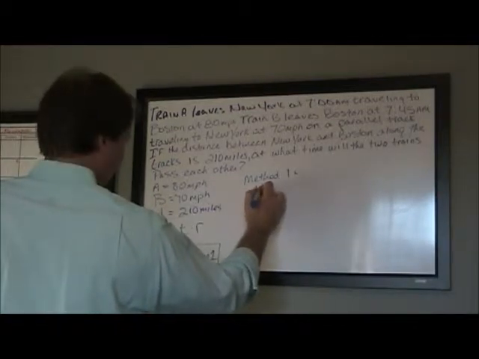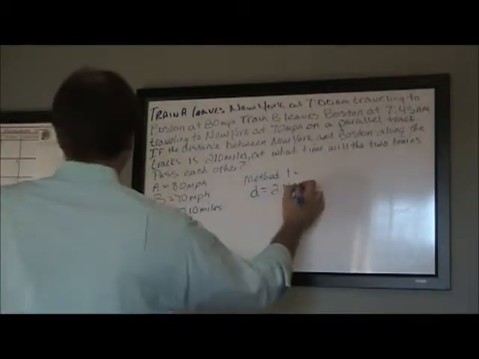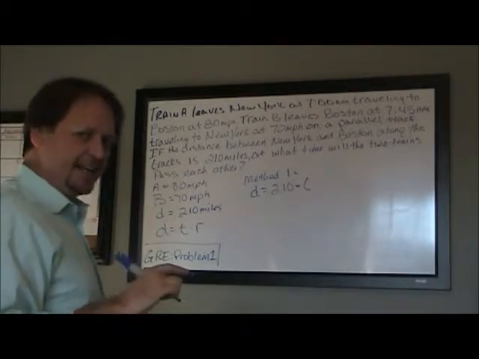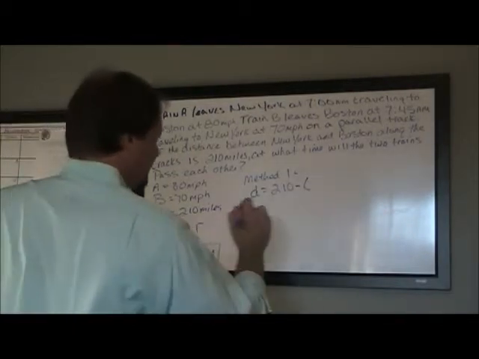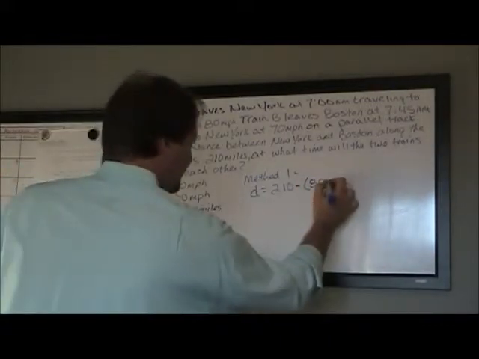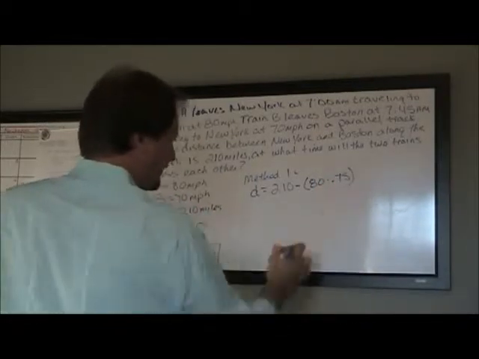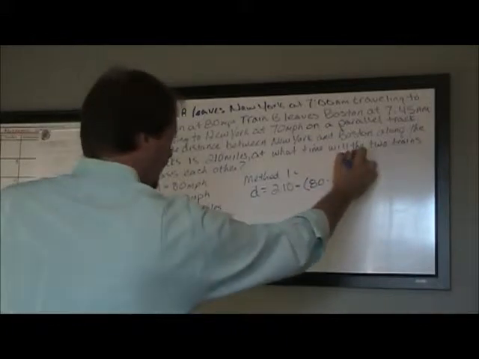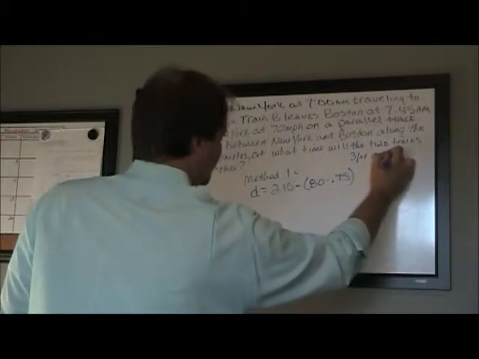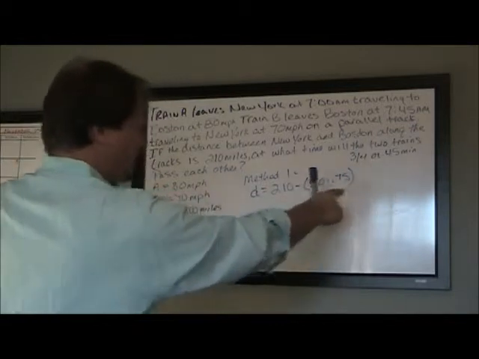So we know the distance is 210 miles total, but we have to subtract the initial distance that train A traveled prior to train B starting. We know that train A is traveling at 80 miles per hour, and we're going to multiply that by 0.75, or 3/4 of an hour, or 45 minutes.